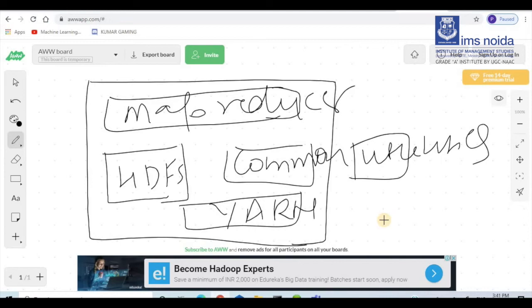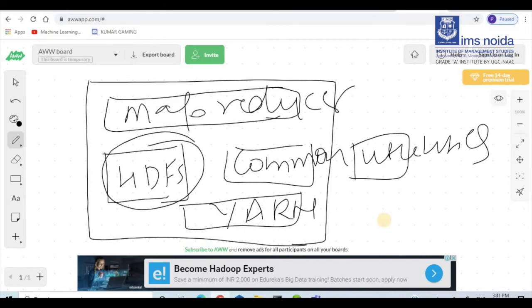Hadoop architecture. HDFS stands for Hadoop Distributed File System. If you look at the Hadoop architecture and start working with Hadoop, HDFS always promotes parallel processing.